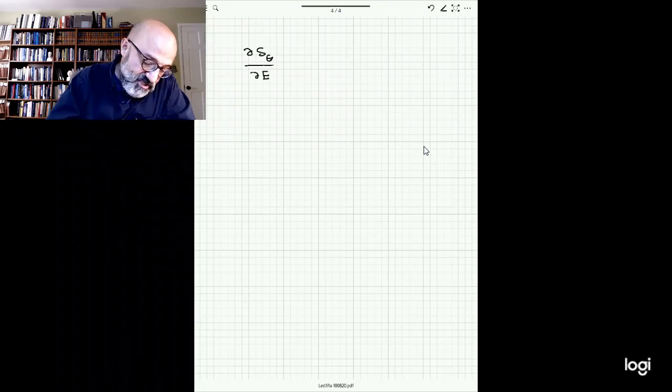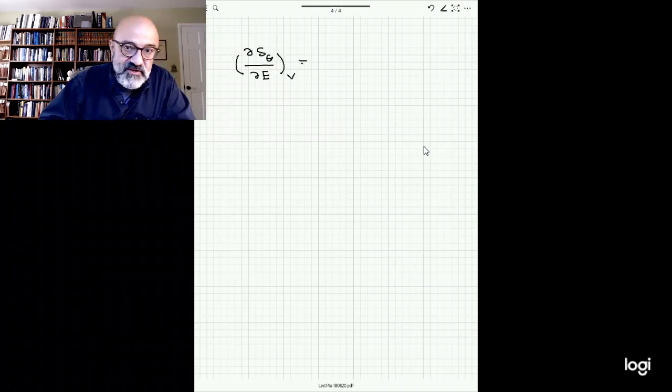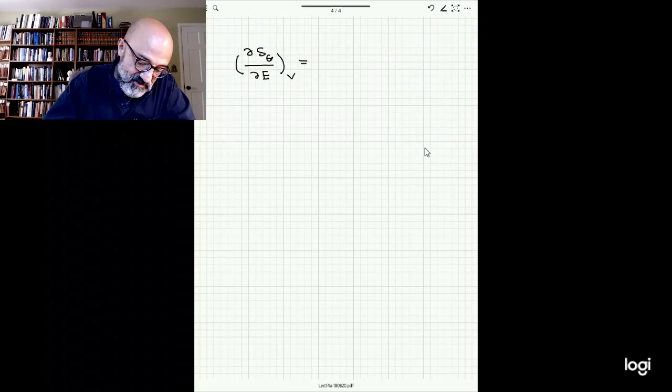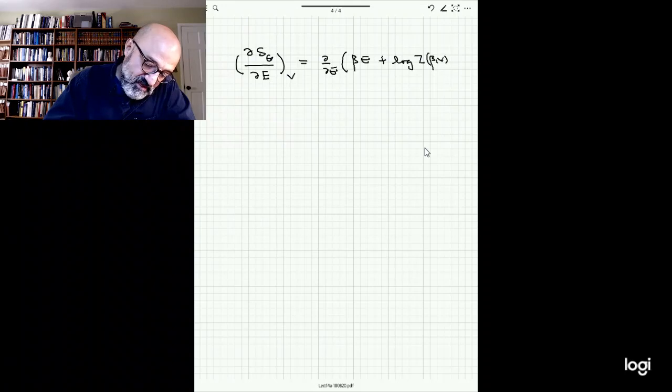What happens when you change this at constant volume? So what we're going to do here is the dE at constant volume of K beta E plus K log Z, which you might remember is a function of beta and V.